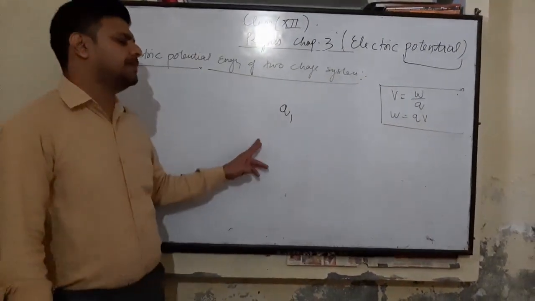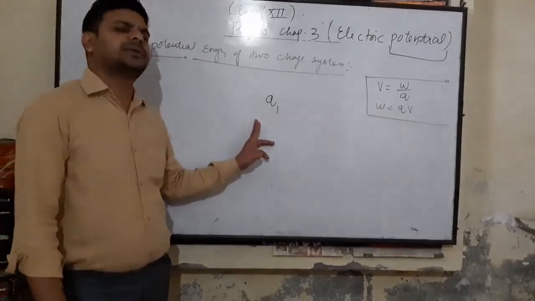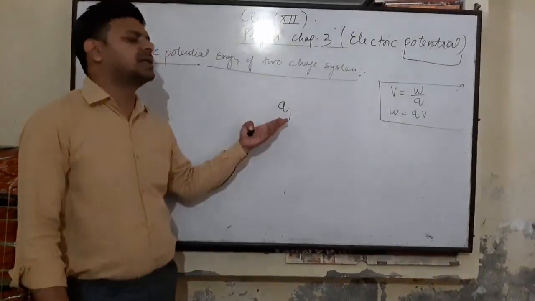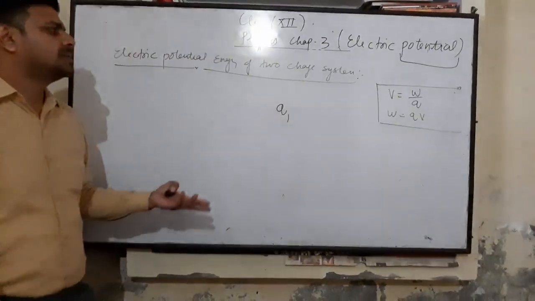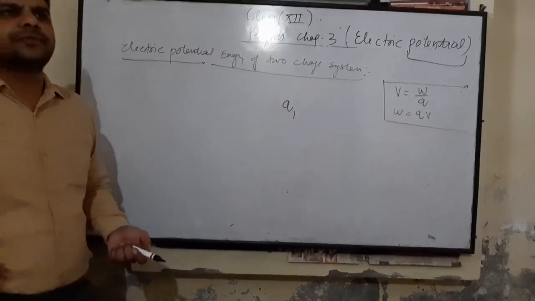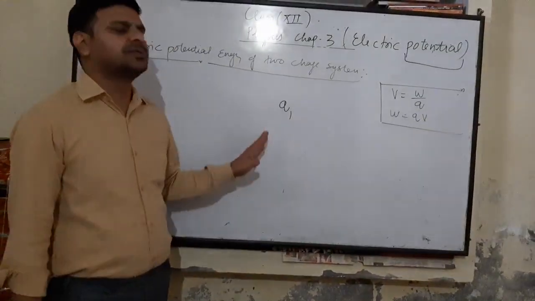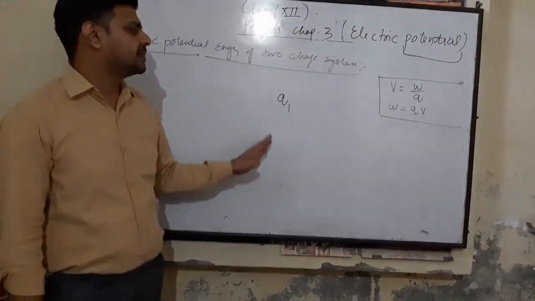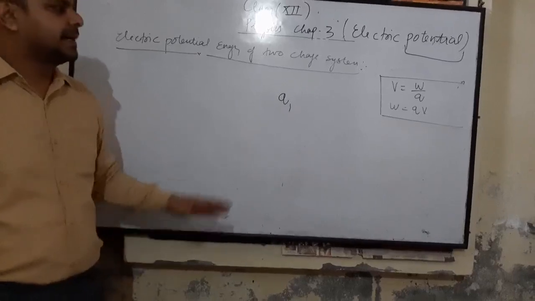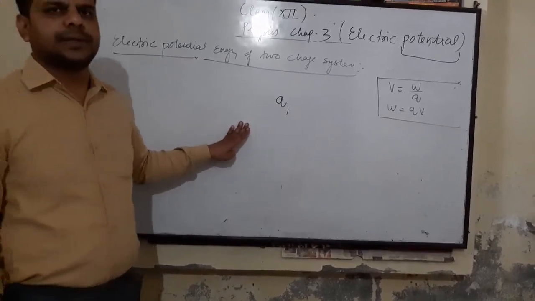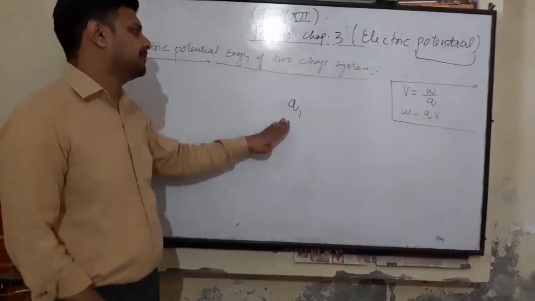In this situation, no work is done because there is no electric field, so this charge Q1 does not feel any force. So in the absence of an electric field, if we place a charge at any point, then no work is done.